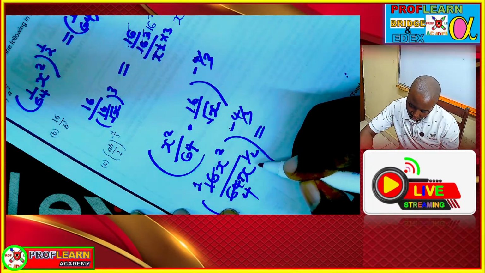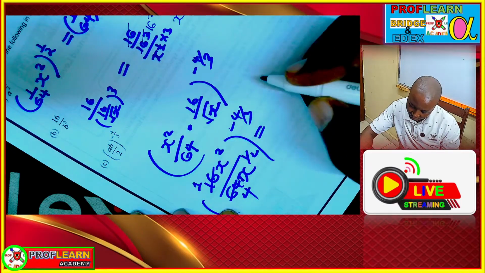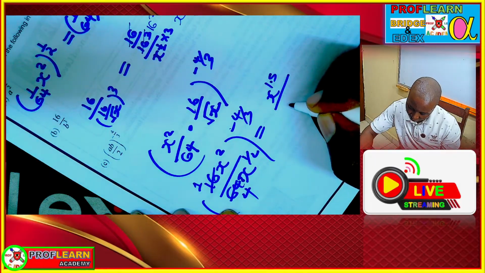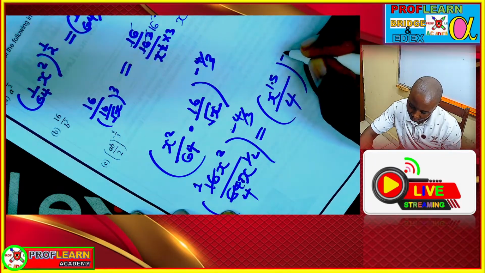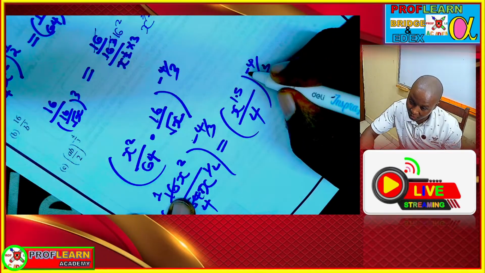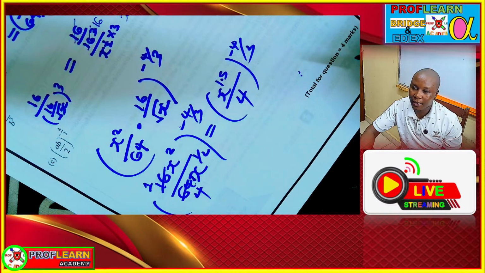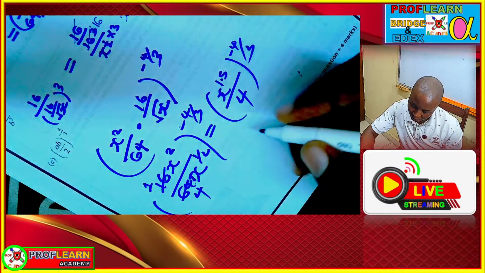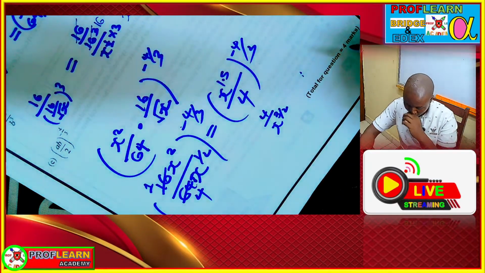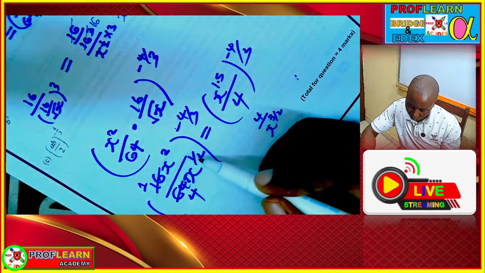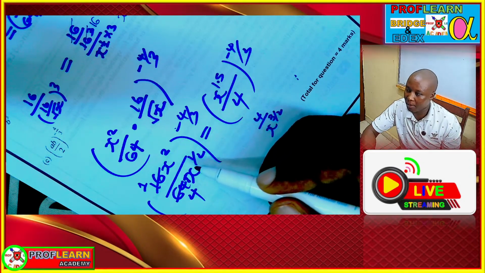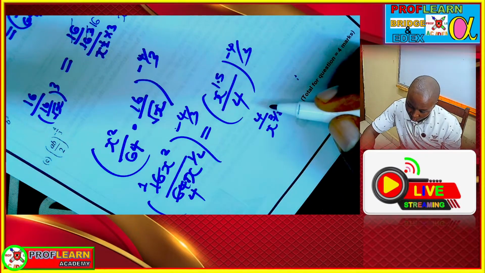Once you have this, you can subtract the powers for x, so we shall have x raised to power 1.5 over 4 there, and then negative 4 over 3. Then we can find the reciprocal so that we get rid of the negative 4 over 3. We get rid of the negative, so it will be 4 over x raised to power 3 over 2. I subtracted the powers because x and x have the same base, so you can subtract the powers in order to reduce that.